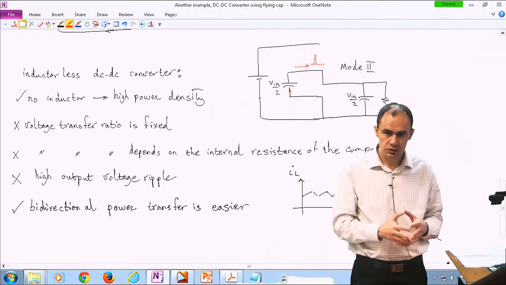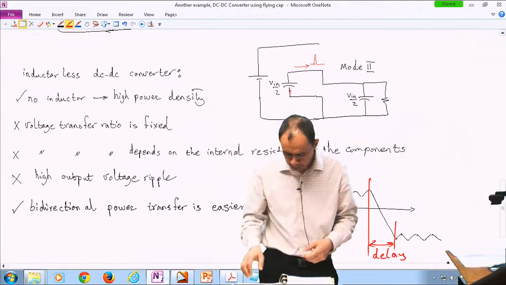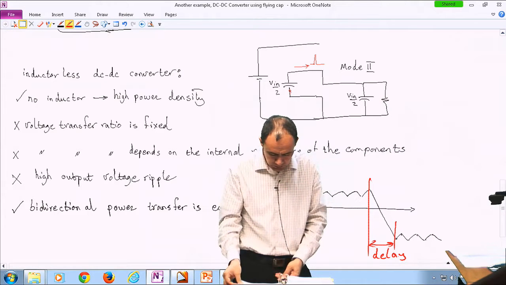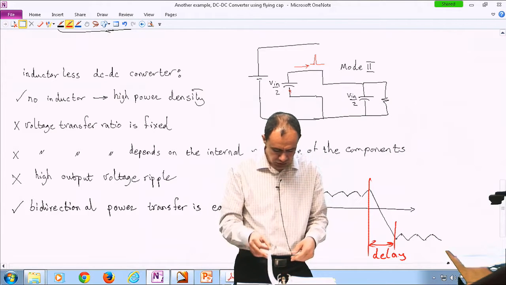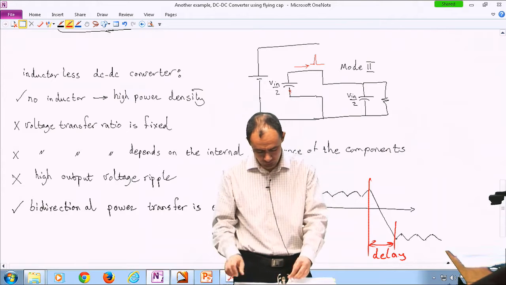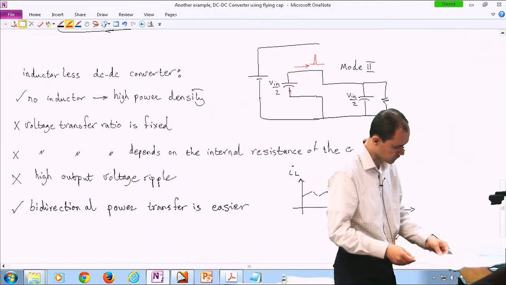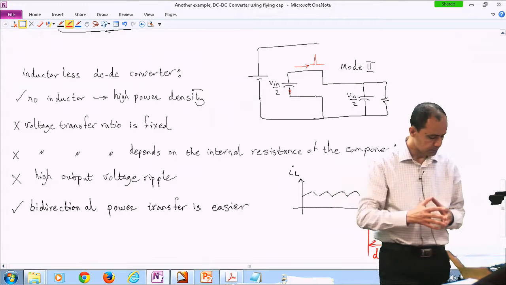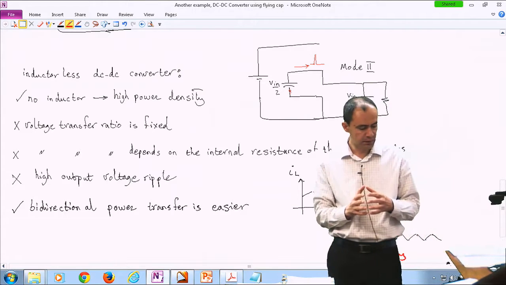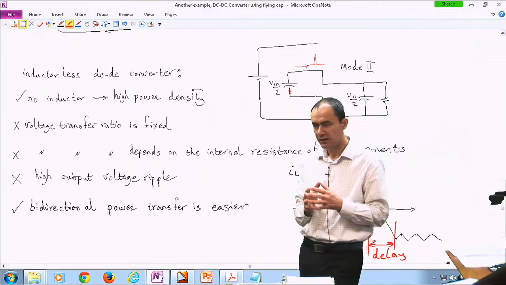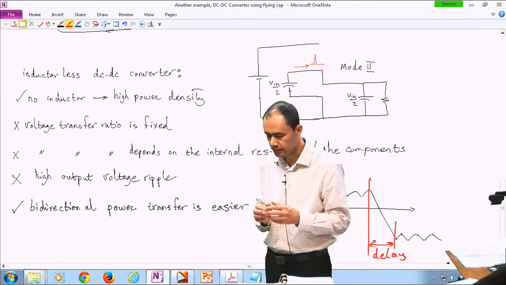Any other questions? One of the papers that I came across using this topology, other than low power integrated circuit applications, is for an automotive system.